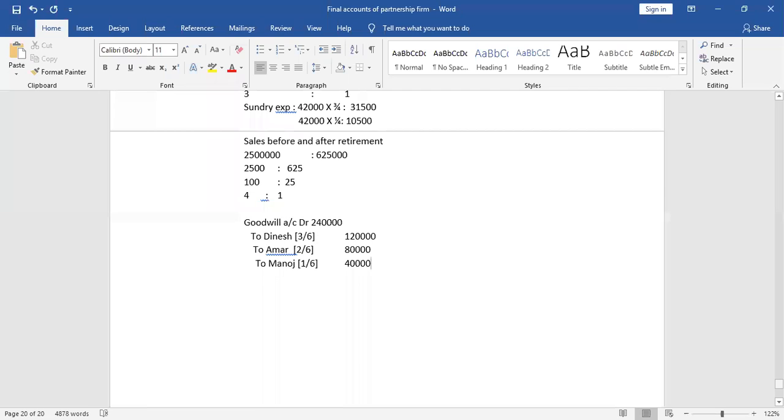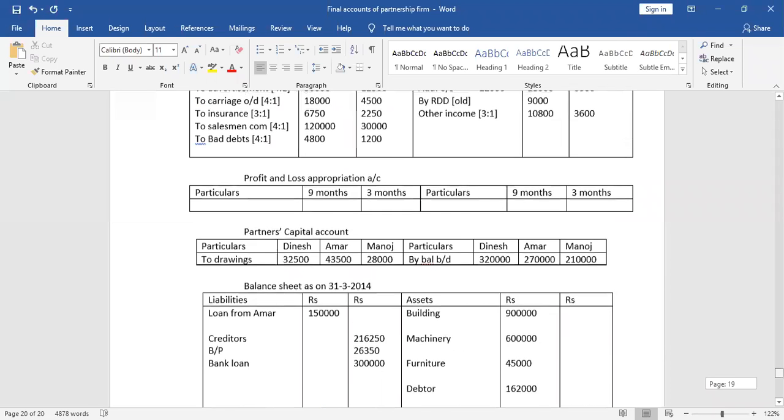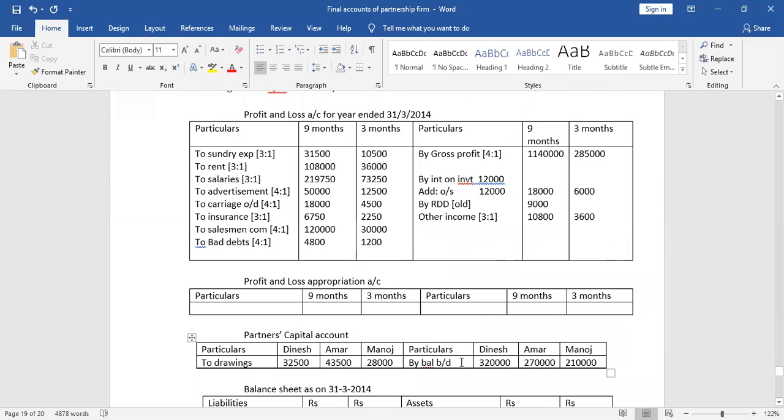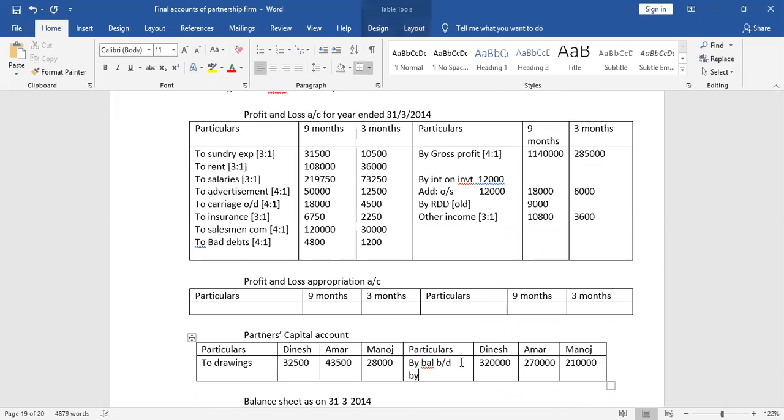And हम लोग Dinesh, Amar और Manoj का capital account बना रहे, तो credit में है by, तो यहाँ पे we will write by goodwill. What is the amount you're getting? 1,20,000, 80,000, and last you will get 40,000.